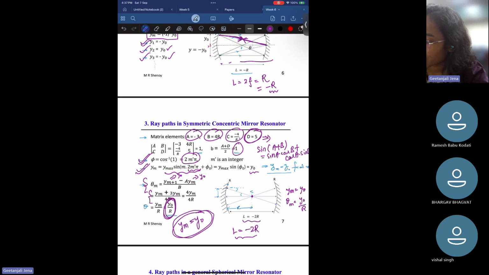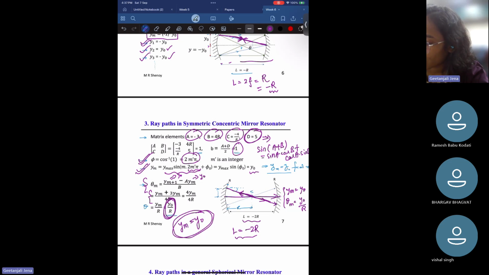So if you start from here, where it satisfies both conditions, ym and theta m, this ray will travel through the center of curvature, and during oscillation it will be reflected back along the same path because it passes through the center of curvature. So after one reflection, it will be y0 only.